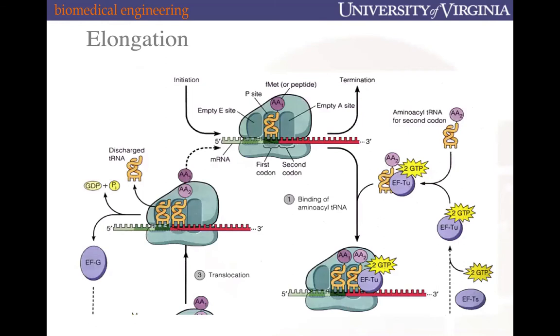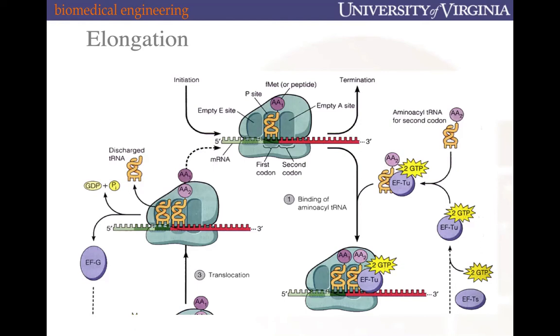So either after initiation, where we have a single transfer RNA with a methionine, or with a growing polypeptide, we have a transfer RNA sitting in the P site. What's going to end up happening is that there are going to be elongation factors that have 2 GTPs with them, bringing in transfer RNAs, assessing their complementarity with the codon that's within the reading frame at the A site.